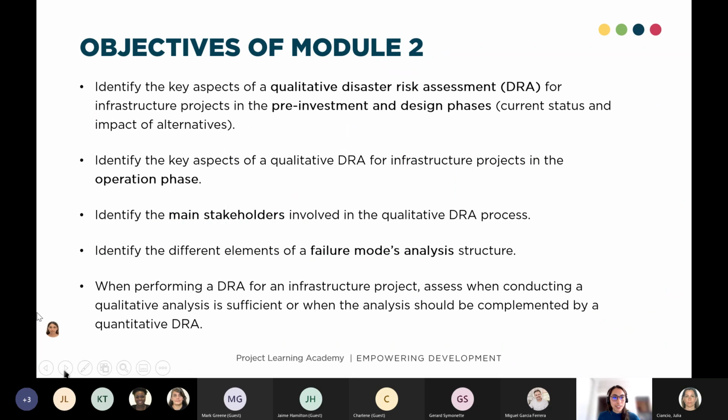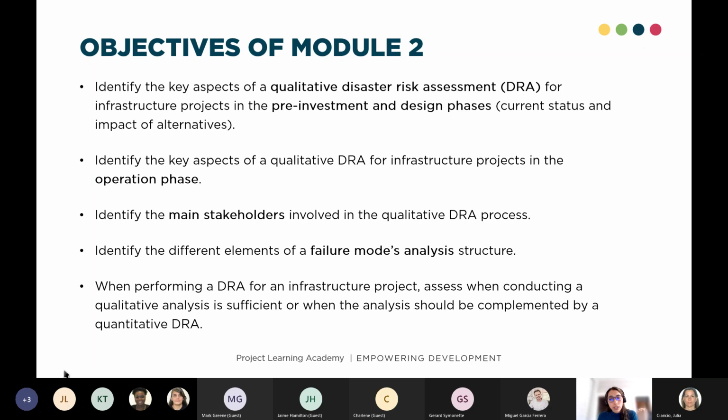The objectives of the module are to learn how we can perform a qualitative risk assessment in projects, when it is important to perform it, and in which part of the project cycle. As we have seen in previous weeks, the idea is to assess risk in a progressive way, as each project and each case is different.